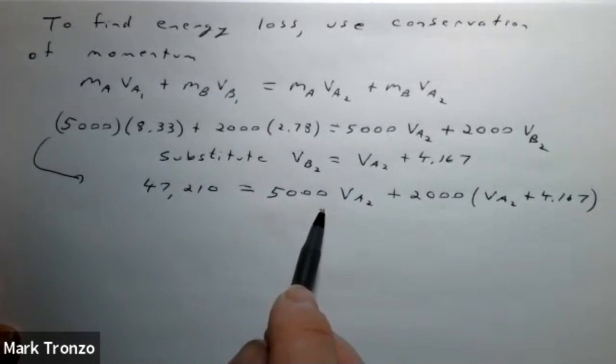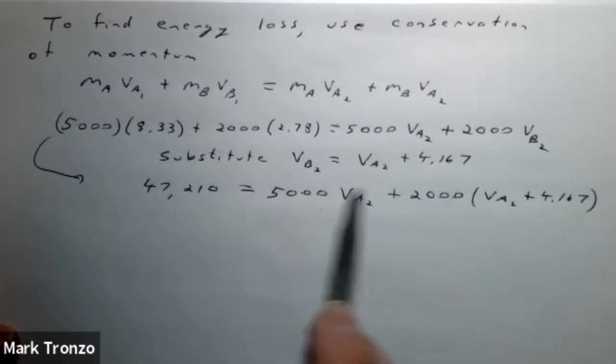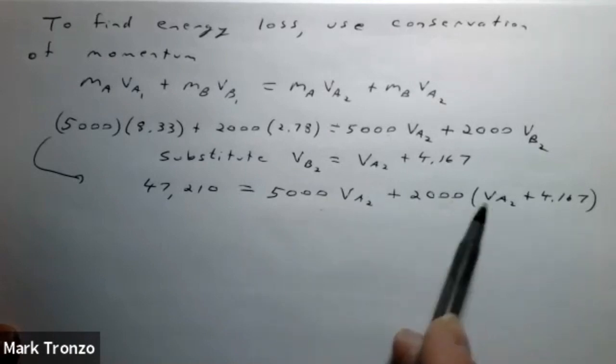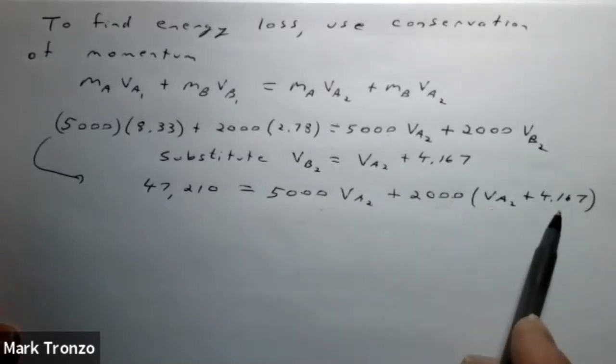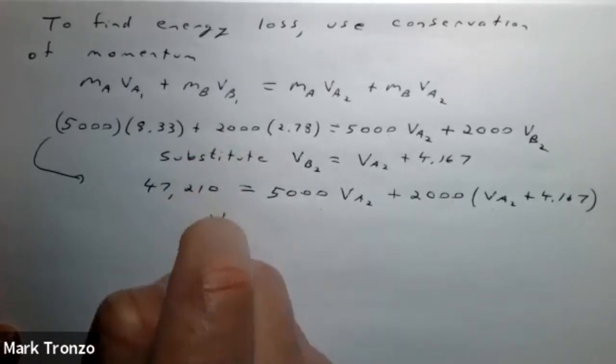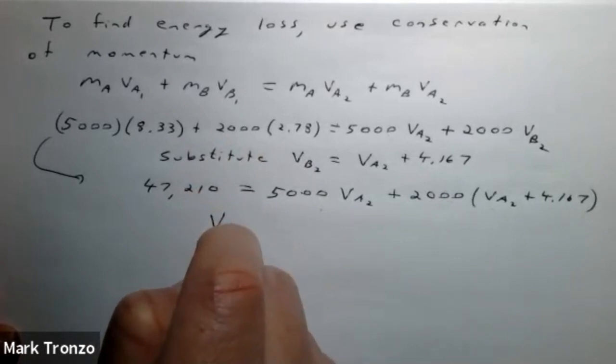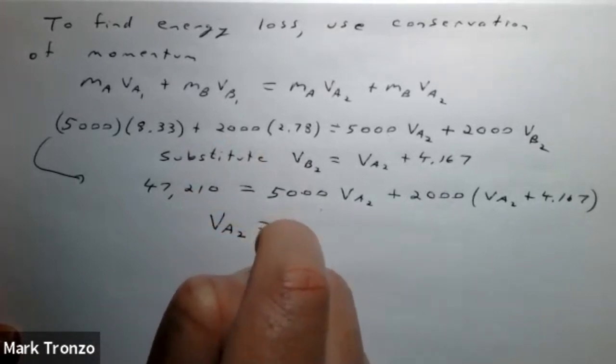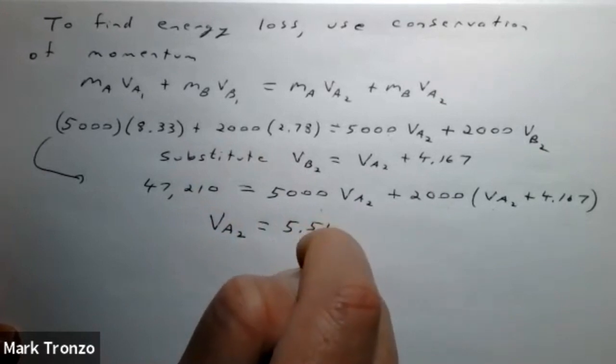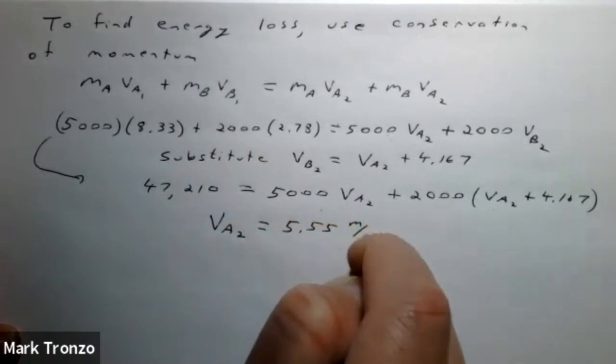I won't go through all the steps, but if you put these together, you'll end up with like 7,000 VA2, then multiply this here and bring that on the other side, and we'll get VA2 is 5.55 meters per second.